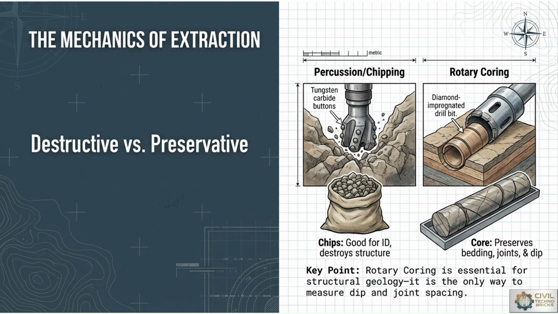For rotary coring, a diamond impregnated drill bit, which is one type of drill bit, is used. With that, we can core the sample from any roadway or any rock strata to preserve it, to study the bedding planes, structural joints, dip angle and strikes, and many more geological components.